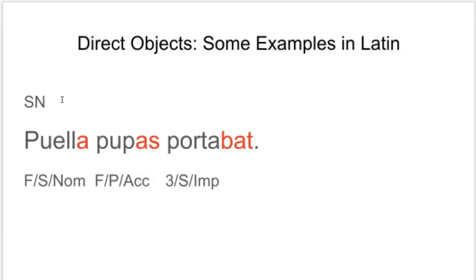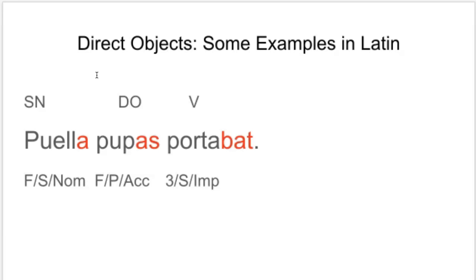Likewise, pupas as the accusative has two options. It could either be the direct object or the object of the preposition. But there's no preposition here, so there's no object of the preposition. Therefore, this accusative is our direct object. And as we've already established, our verb is an action verb. We label it as V.